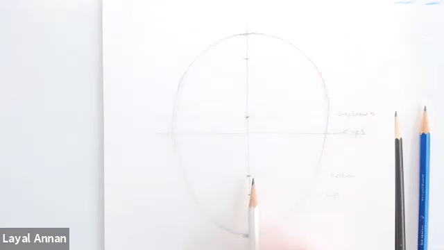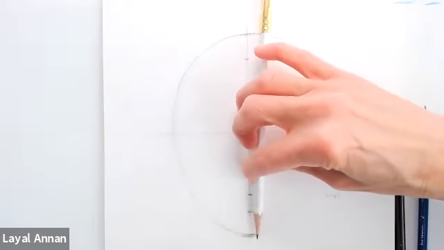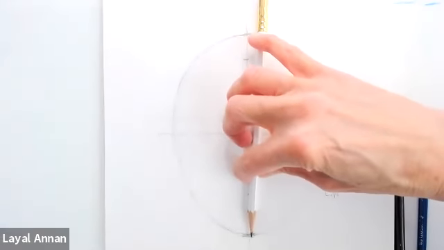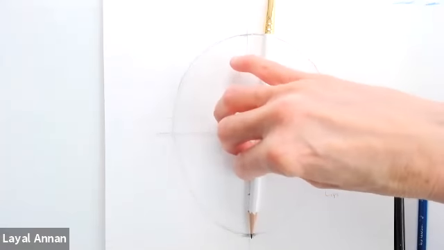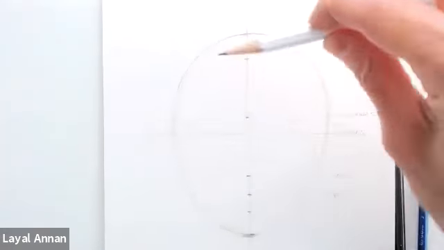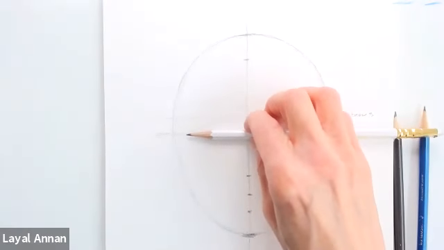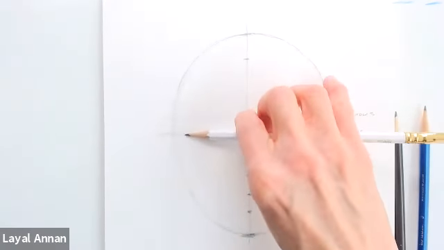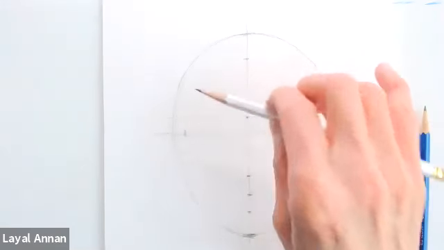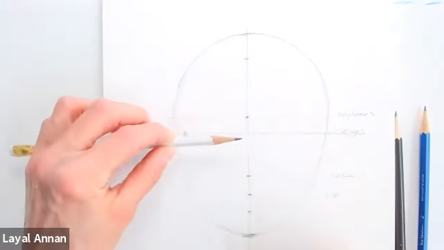Now, we're going to take the distance between the nose and the chin, just like that, roughly, with a pencil. Come here to this part where the eyes are and measure. Make sure you're measuring the right way. Same here.